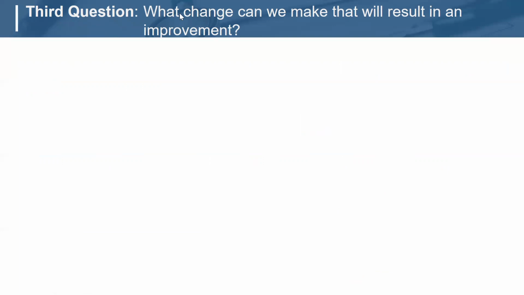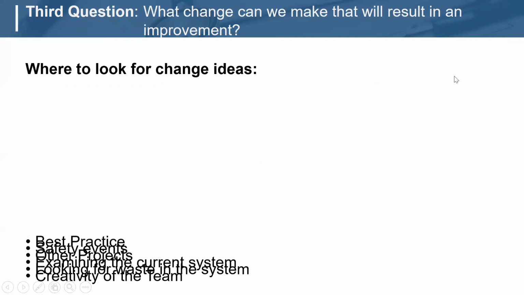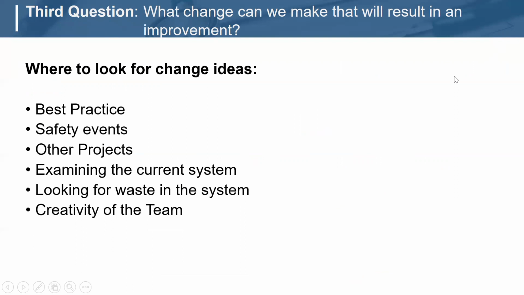So the third question, what change can we make that will result in an improvement? Where would you come up with change ideas? Well, during quality improvement training, you will learn about tools to generate change ideas. You'll learn about driver diagrams, fishbone diagrams, root cause analysis, but you can also look to best practices and standards.